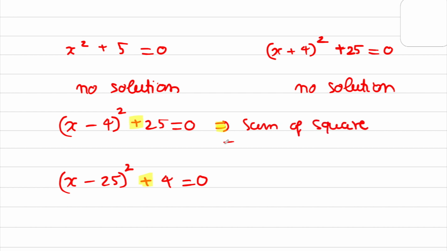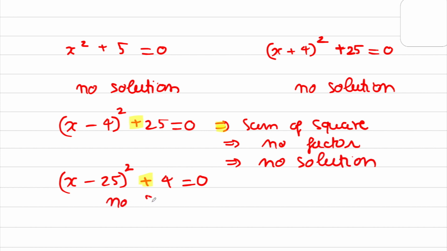So you cannot factorize, and that's why you have no solution for this question. The same idea applies to the next one. Here is the no solution case, because this is plus, this is not minus. I need minus for factorizing.